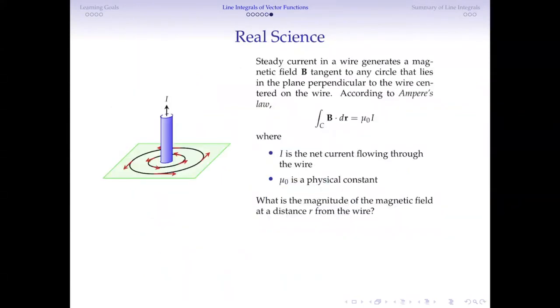I want to look at an application of these line integrals in physics. Ampere's law is a principle of electrodynamics that says that if you have current flowing through a wire, so the blue thing is supposed to be the wire, that current flow generates a magnetic field.